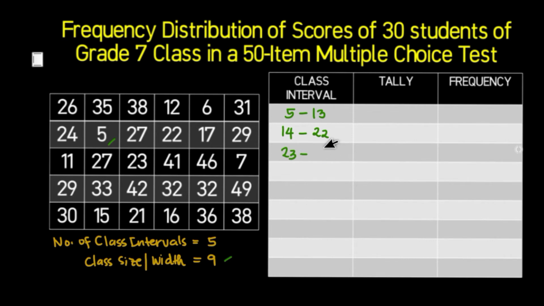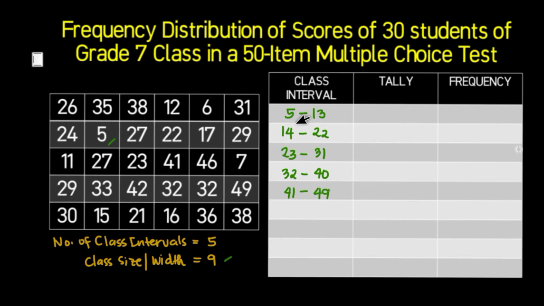And then, 22 plus 9 is 31. And then, 23 plus 9 is 32. 31 plus 9 is 40. 32 plus 9 is 41. Then, 40 plus 9 is 49.